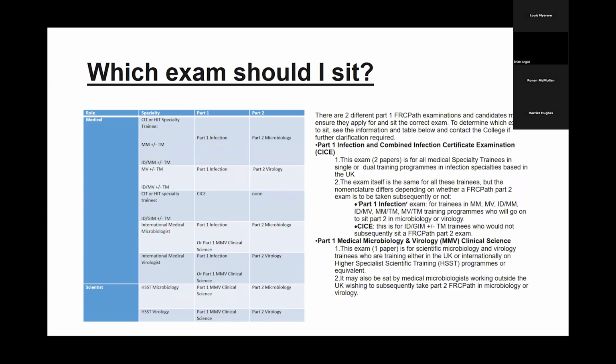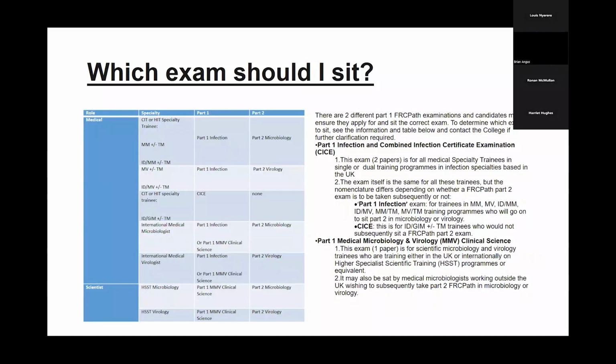But it is important to make sure, as it is slightly confusing. So of course, there's the Part 1 CICE, which is the Combined Infection Certificate Examination, and that's 2 papers for all medical specialty trainees in single or dual training programmes. And the exam's the same for all trainees, if they're ID or if they're micro intending or virology intending onto RCPath Part 2.